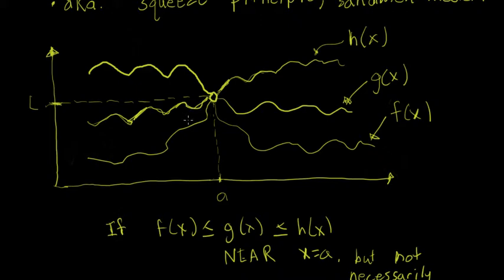Then, and also if the limit as x tends to a of this bottom function f of x is equal to the limit as x tends to a of this top function h of x, both coming in from the left, then the limit as x tends to a coming in from the left of g of x also equals that limit. In this case it's L.